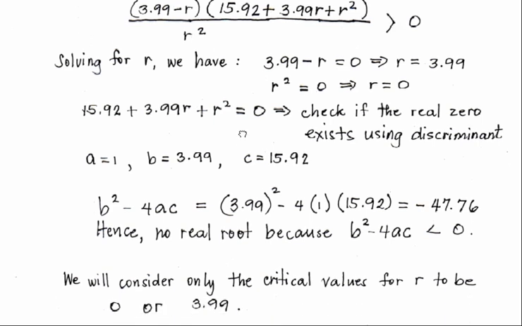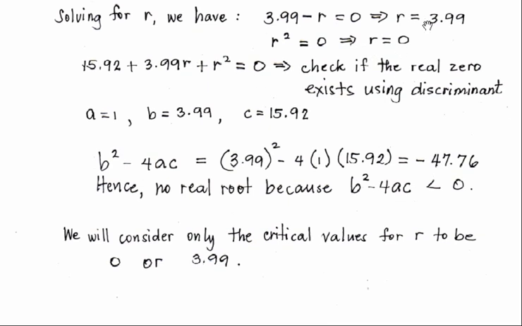Now, moving on. We already have two critical values for r: 3.99 and r equals 0. Solving for the roots of the other factor, we have to check if a real root exists using the discriminant. We identify the coefficients: a equals 1, the coefficient of r is 3.99, and the constant is 15.92.